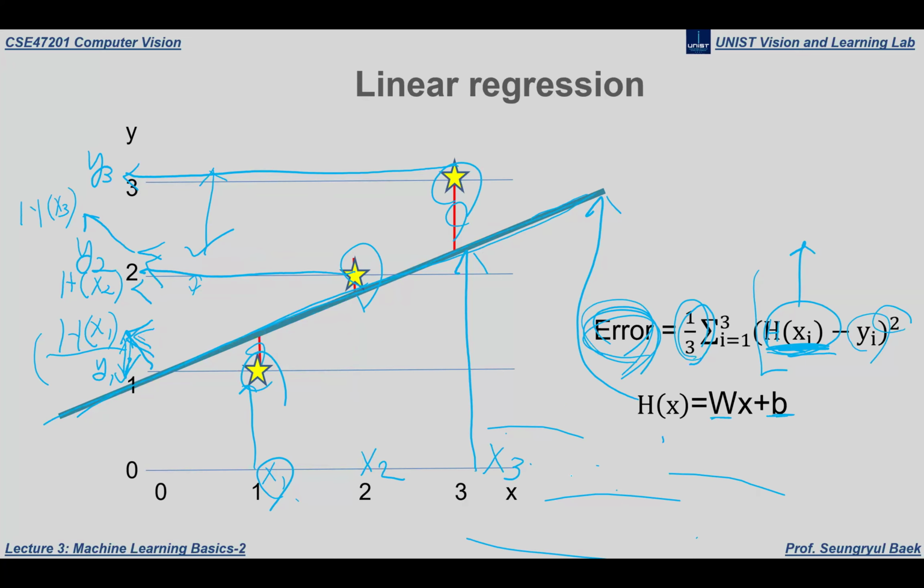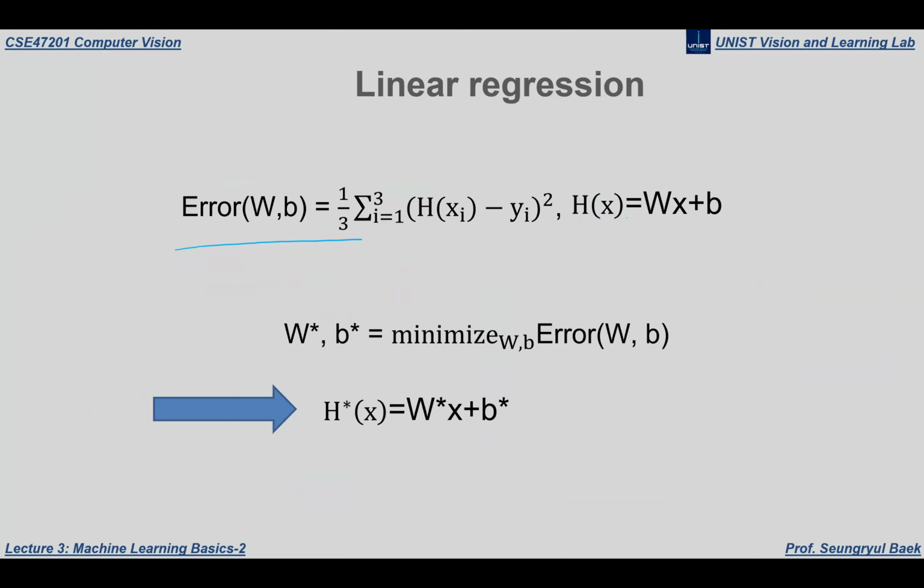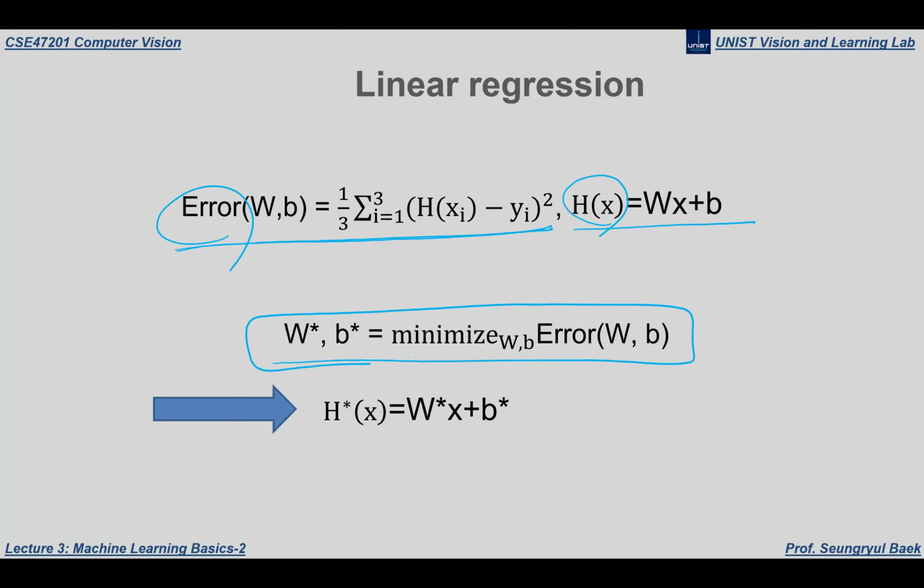And then our aim is, for arbitrary h of x, we can calculate the error. And if we can get the w and b which can minimize this error, that will be the desired situation, right? The desired w and b values.